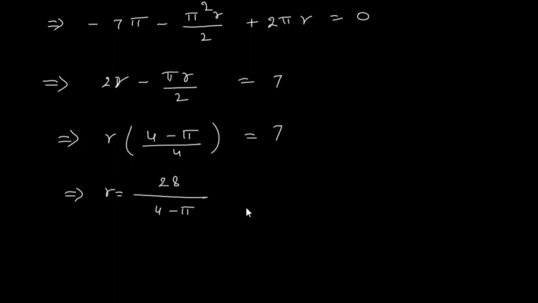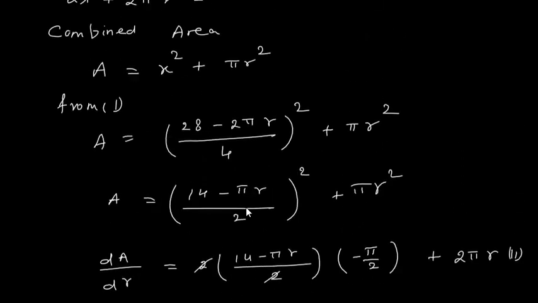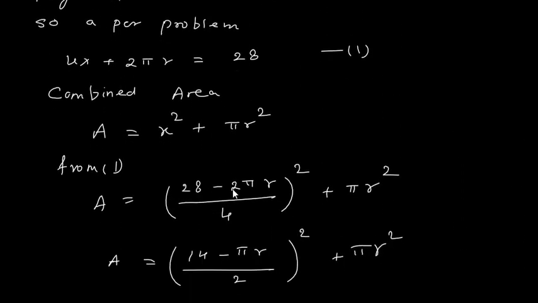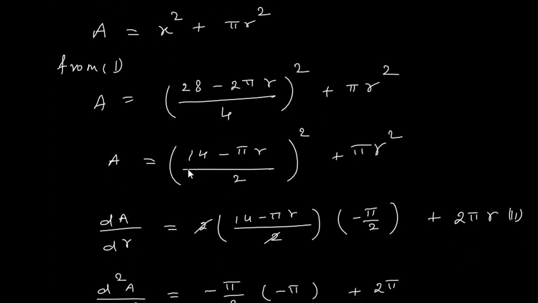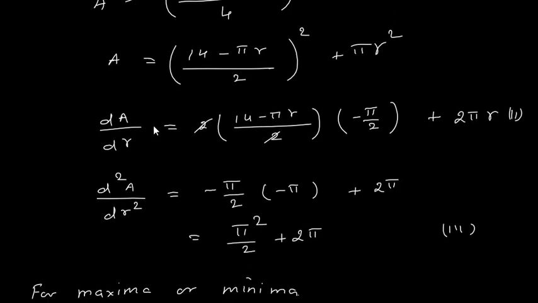Let us check again whether whatever we have done is correct or not. In place of x we have substituted 14 minus pi r whole divided by 2. Then the area is pi r square plus 14 minus pi r divided by 2, the whole square.